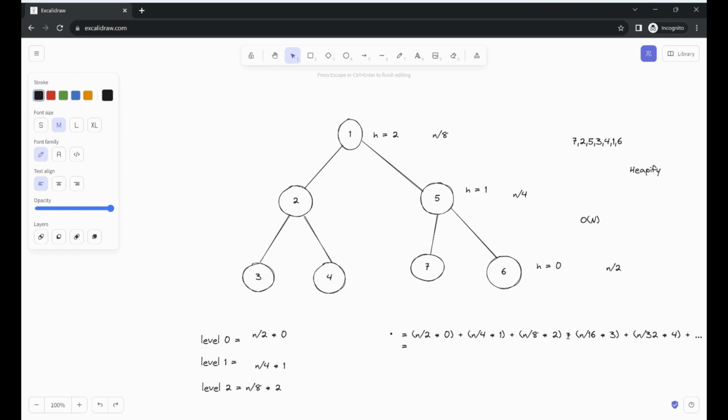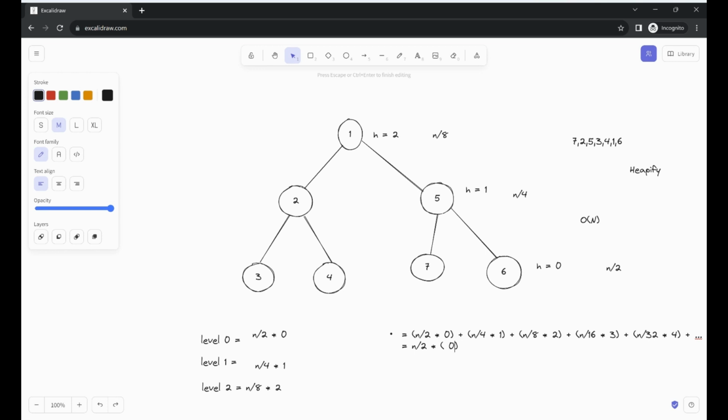What does this actually mean? So if we take n by 2 out, so we have n by 2 into 0. Again, I can take n by 2 out from this part as well, and from this part, and from this part. So if we take n by 2 common, what do we have?